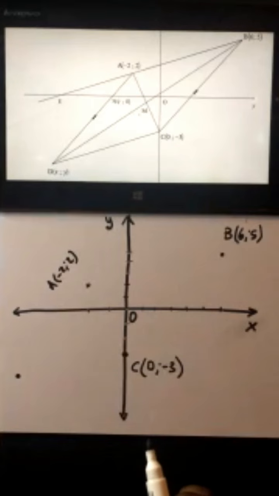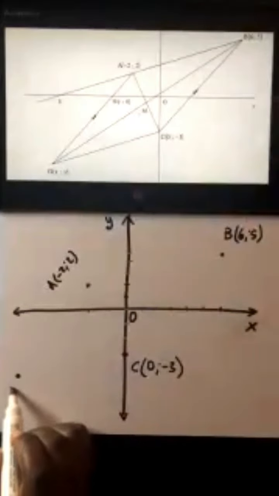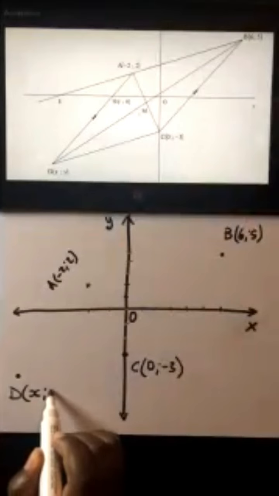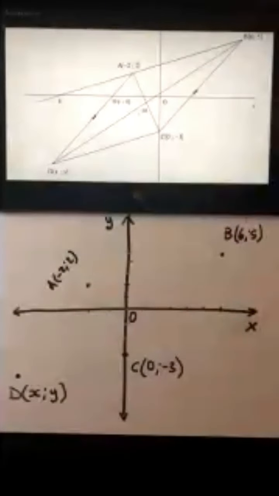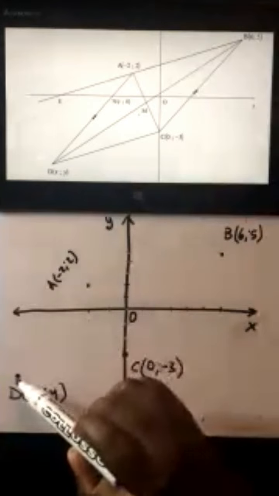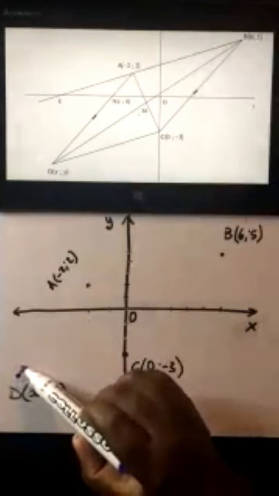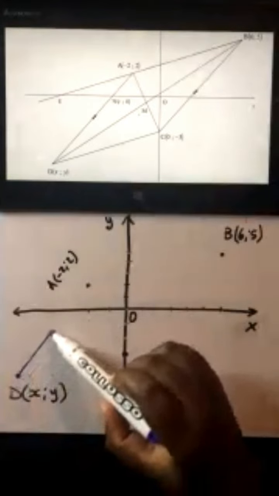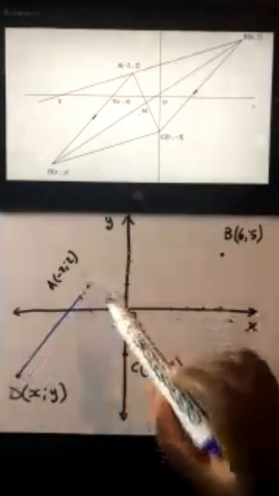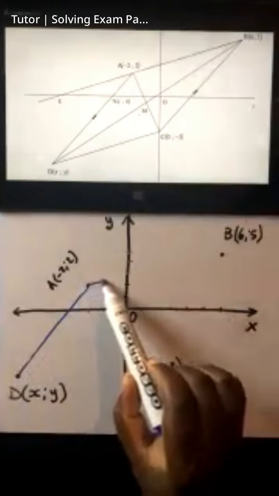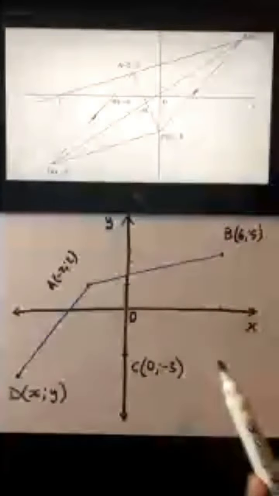Okay, so guys, now that we've got all these coordinates, X and Y, you just need a ruler to connect all of these points. So I'll try to connect, ladies and gentlemen, even though it might not be 100% accurate or straight, but I'll try.